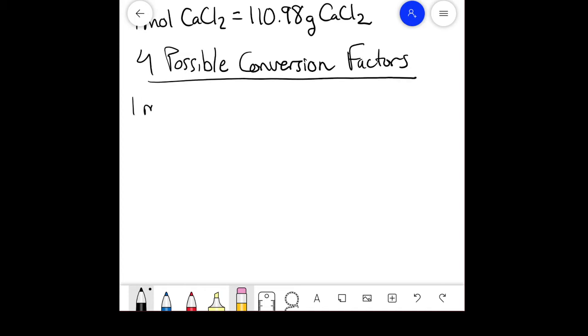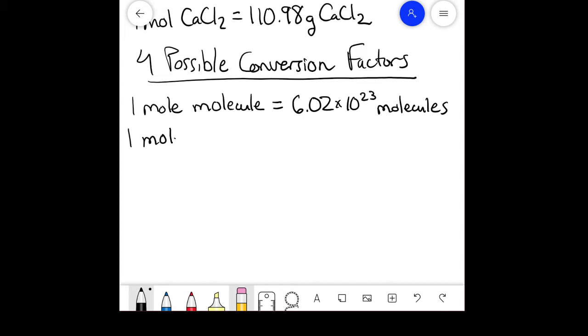You can have 1 mole of a molecule equals Avogadro's number of molecules. 1 mole of formula units equals Avogadro's number of formula units.